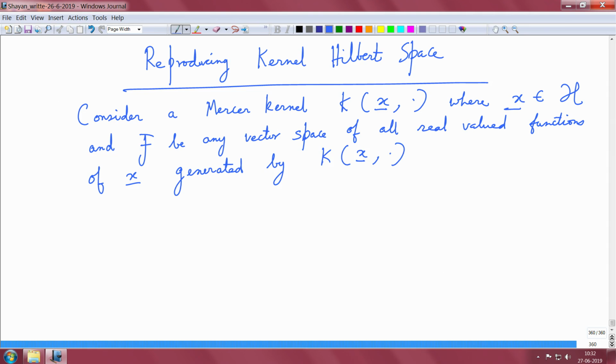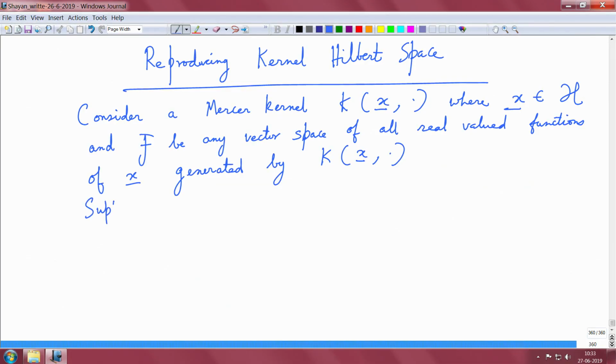So, I consider a Mercer kernel K where x belongs to this Hilbert space, and when I talk about Hilbert space, automatically it should imply to you it is a complete inner product space, and you can recall the details of what completeness means, what inner product means etc., from our discussions earlier.